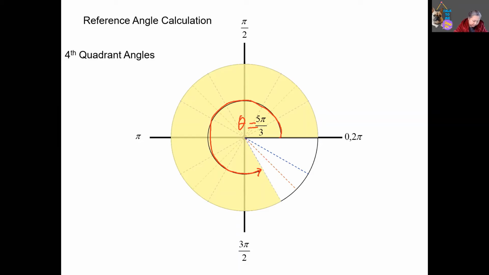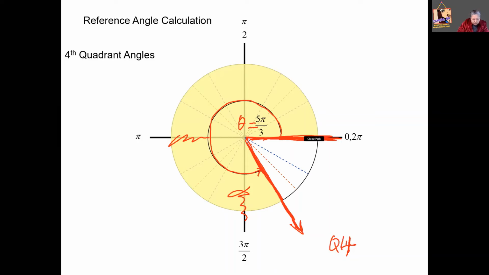Then I notice my terminal side is definitely in quadrant 4 here, right? Now I have to define the reference angle with this terminal side that I can see. Where is my nearest horizontal axis? It's right there. Not this one, not that one.